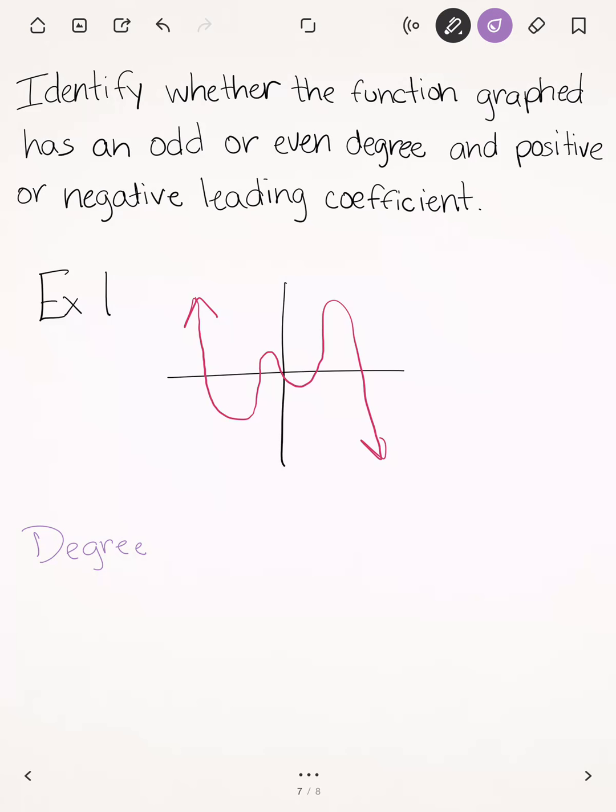So in this example, one endpoint's going up, the other's going down. This means this is an odd degree. And then my leading coefficient, we want to know if it's positive or negative. Well, if it starts going up and ends going down, that means it's a negative leading coefficient.